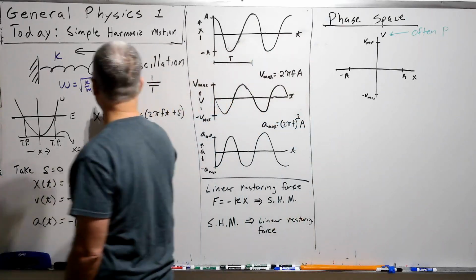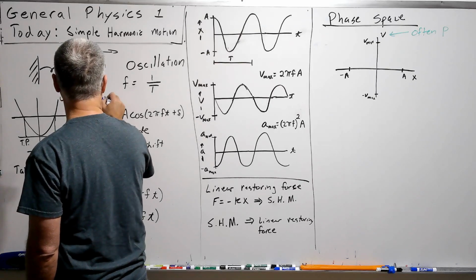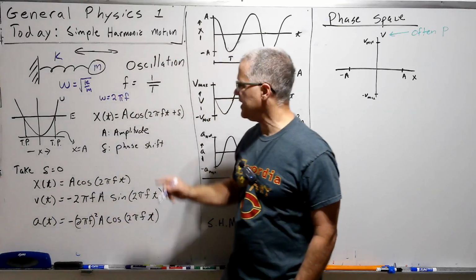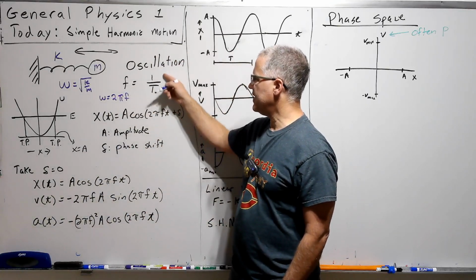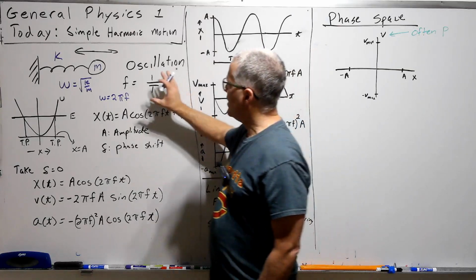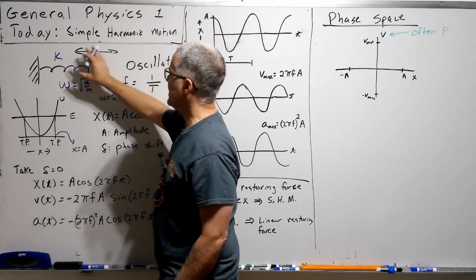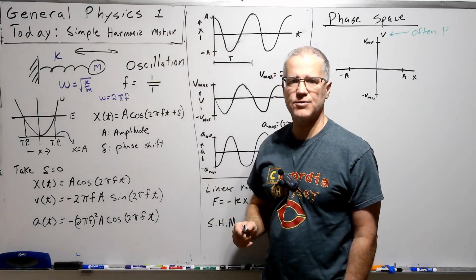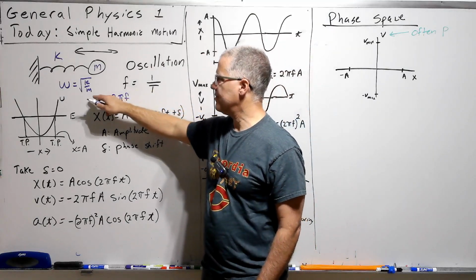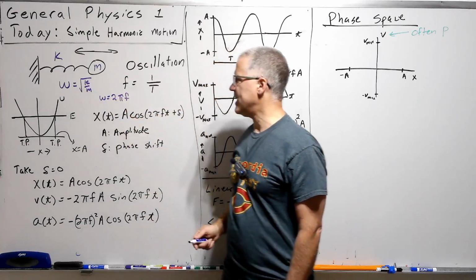And we know that the circular frequency is 2 pi times the linear frequency, and the linear frequency is 1 over the period. So if we know the mass and the spring constant, we can get the period, we can get the frequency, we can get this circular frequency omega.